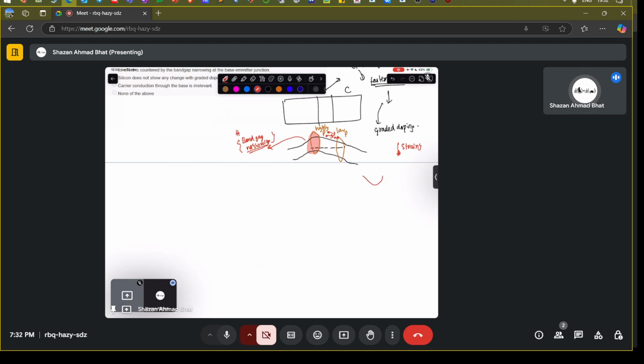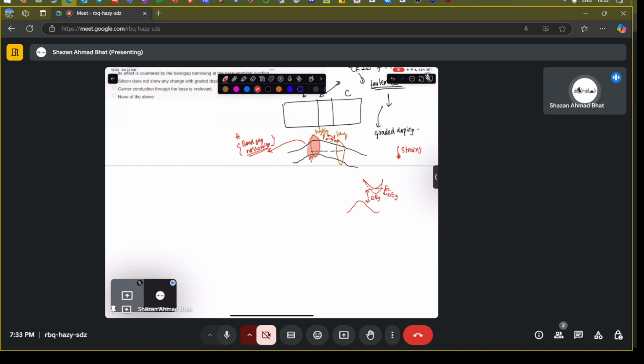So if this is, let's say, the silicon conduction band edge, this is the E-k diagram, and the band gap looks something like this. It drops by delta E_G. Let me draw it like this, because silicon is indirect. So this is delta E_G. The band gap starts to narrow down at these particular locations because of the huge electric field.